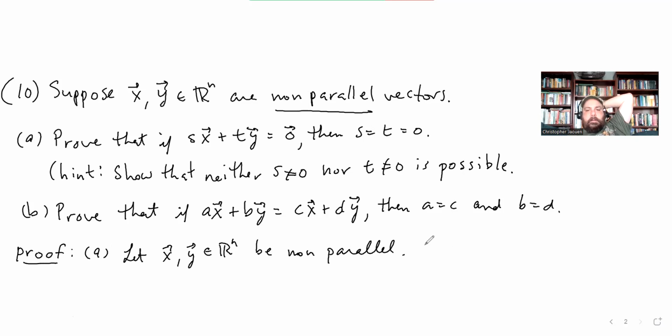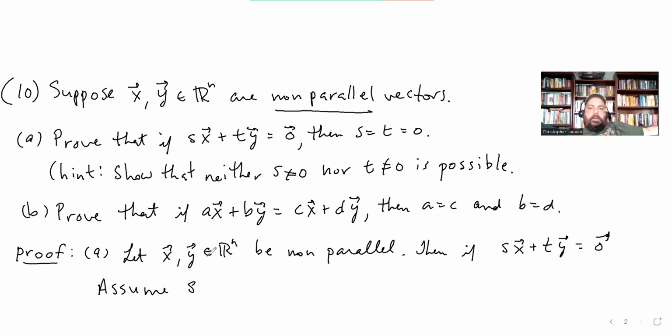Right, then if Sx plus Ty equals the zero vector, assume without loss of generality that S is not 0.